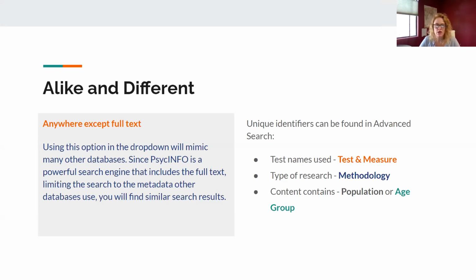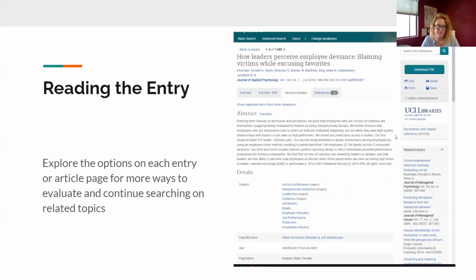It's really rich in that type of metadata. Also things like the population, male, female, age group. So if you're looking for something specifically targeting children or adolescents, you can select those as well. It's got a lot of different ways, just one database and all the ways you can look at it.